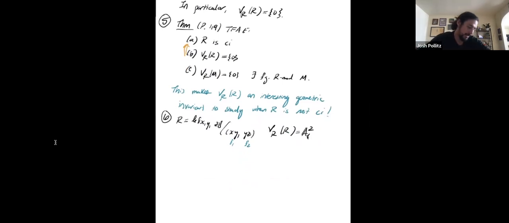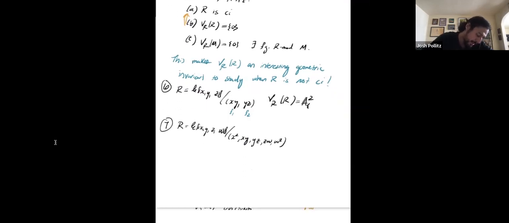Maybe one more example. Let's say R is K[X, Y, Z, W], and then you twist the variables, so you do X squared, XY, YZ, ZW, W squared. What's VR of R? In this example, you count them out.